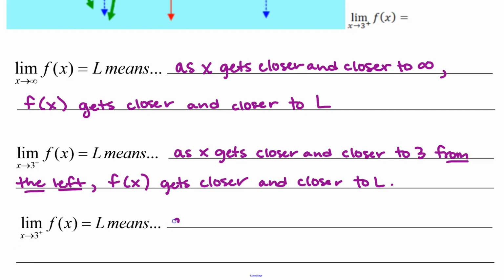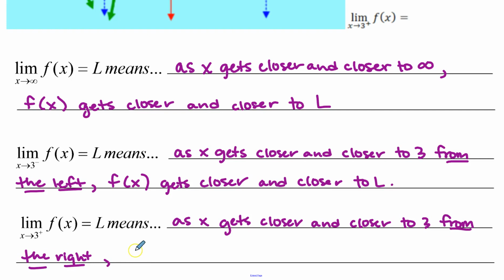So this one means as x gets closer and closer to 3 from the right, f of x gets closer and closer to L.